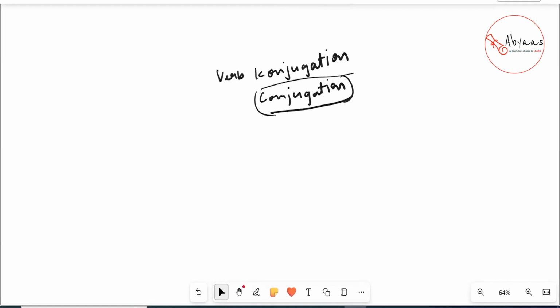Can you give me examples of regular verbs? Any verb? Writing. Okay. So let's make it present tense.